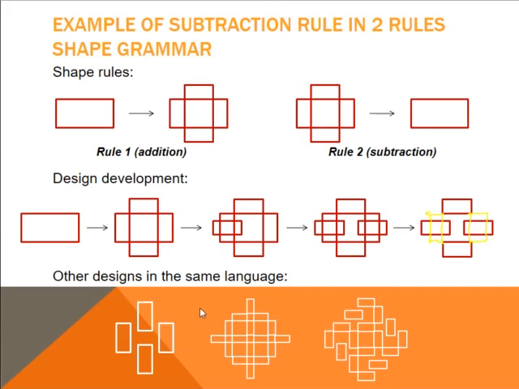Okay, so you can have this. Okay, so basically the first, the one at the bottom there, it becomes like this by subtracting this shape, right? And this is it.